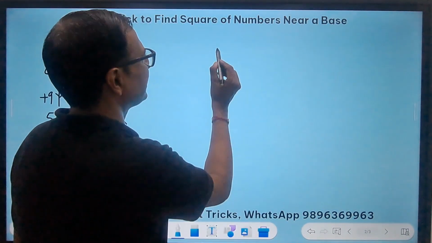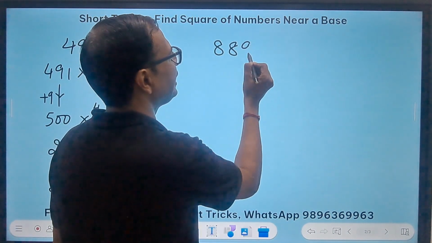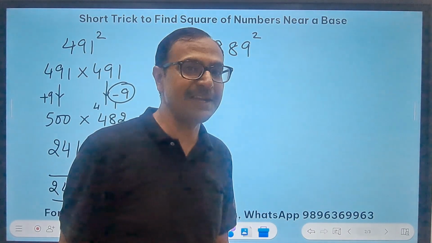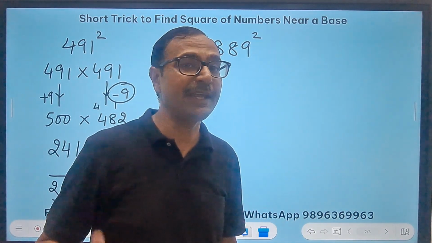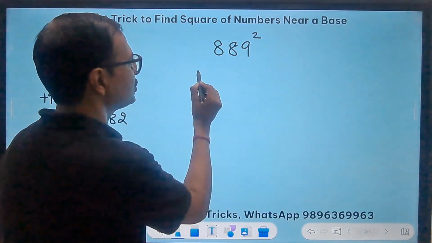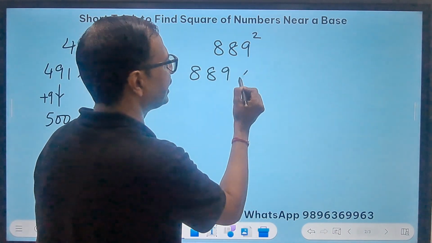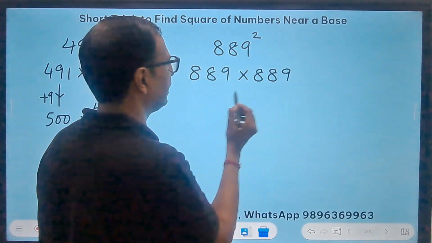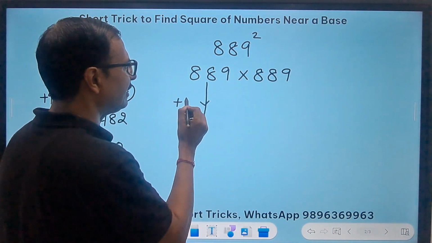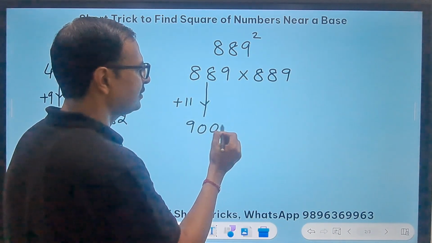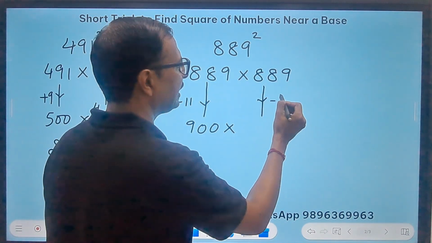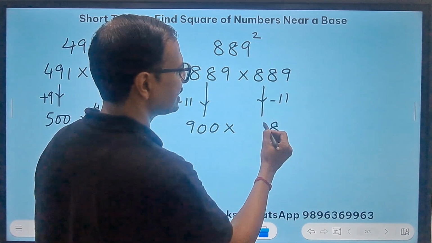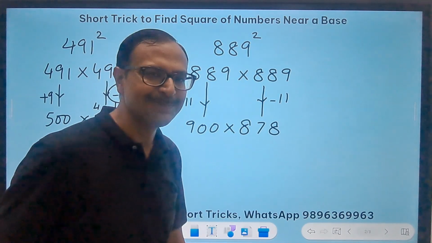Wow. So let's take another number. Say 889 square. Now see, I am increasing difficulty for myself and I'll test myself whether I can actually do this or not. So 889 times 889. So if I add 11 to this, this will become 900. And if I subtract 11 from this, this will become 878. 878, right?